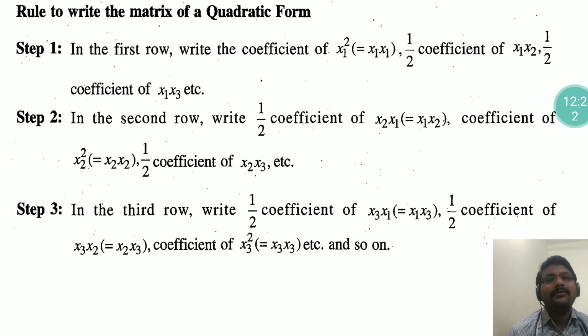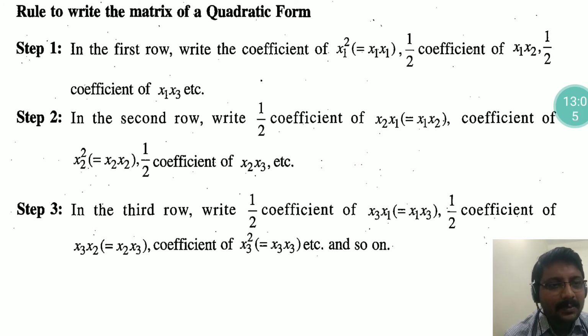Rules to write the matrix of the quadratic form. In step 1, in the first row, write the coefficient of x1 square, then the coefficient of x1 x2 divided by 2, and half the coefficient of x1 x3, etc. In the second row, write half the coefficient of x2 x1, which equals half the coefficient of x1 x2, then the coefficient of x2 square, then half the coefficient of x2 x3, etc. In the third row, half the coefficient of x3 x1, which is the same as x1 x3, because we have to define a symmetric matrix.